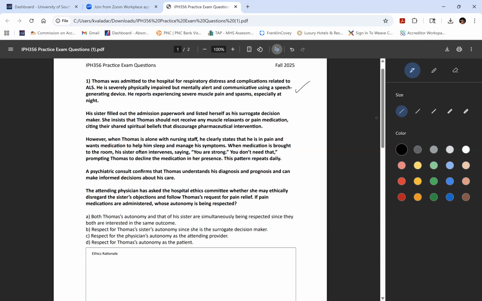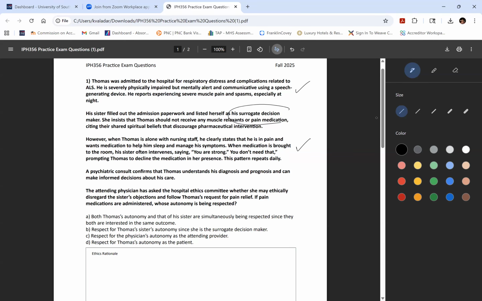And this has to do with autonomy and consent. So what is clear as you go through this is that he and his sister, or at least his sister, is assuming sort of responsibility and becoming his voice.